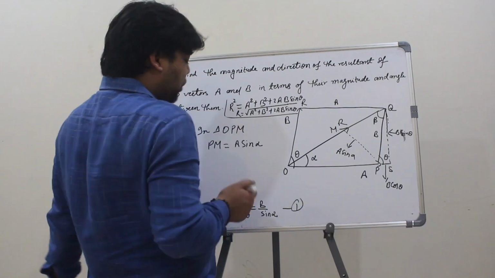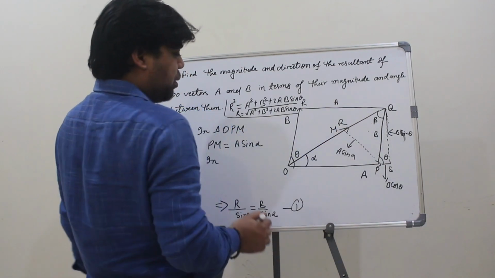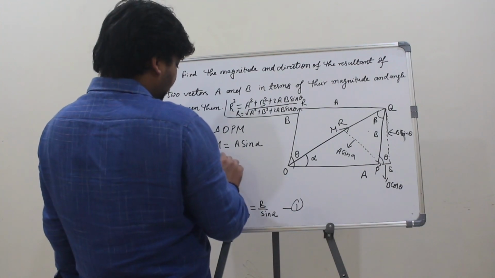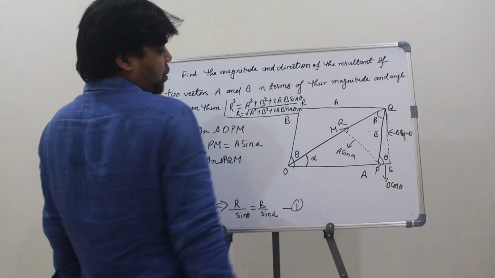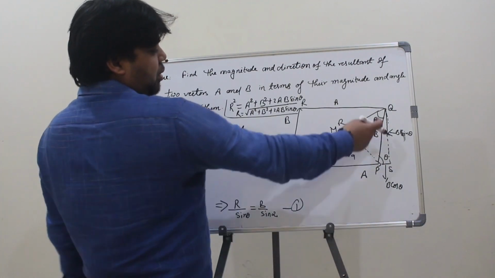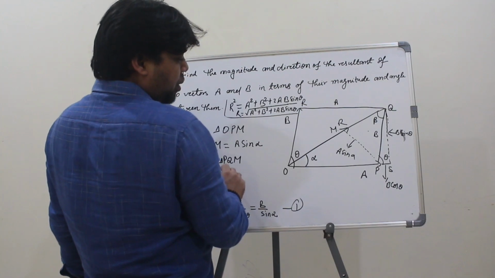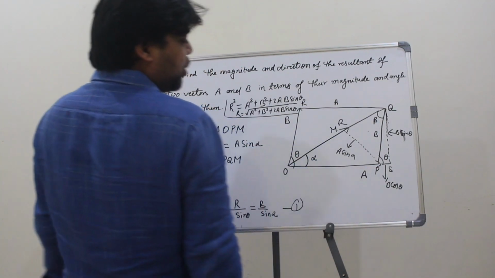Now in the triangle with QM, this side is B sin beta.